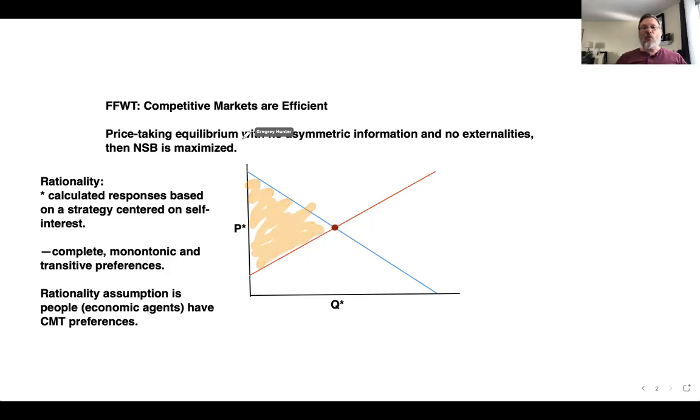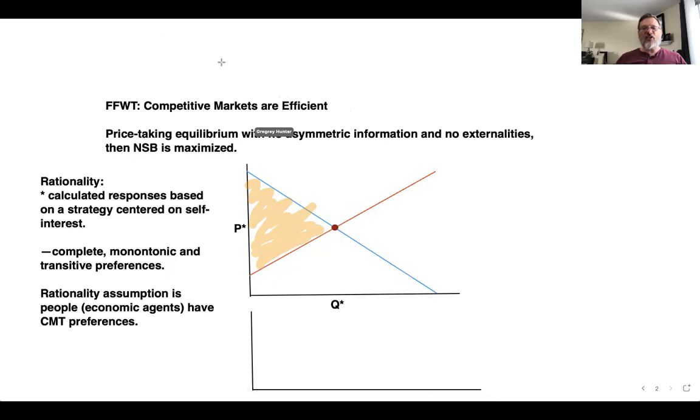And so what I want to do here is draw another set of axes below. On this set of axes, I'm going to label it a little bit differently.